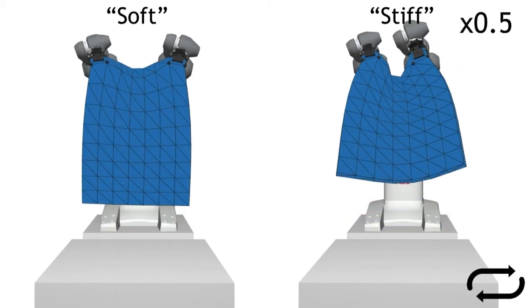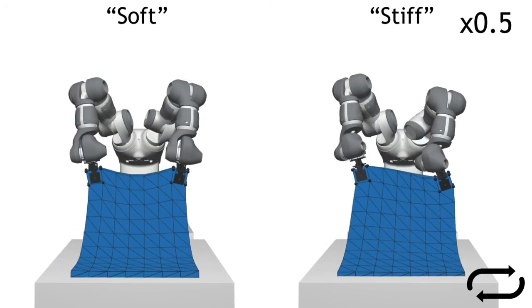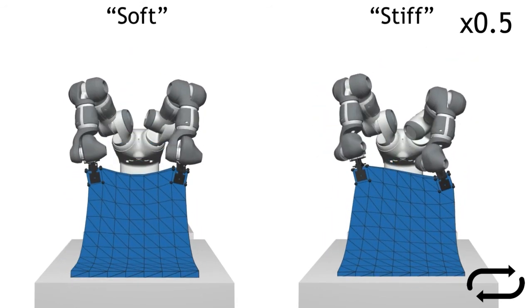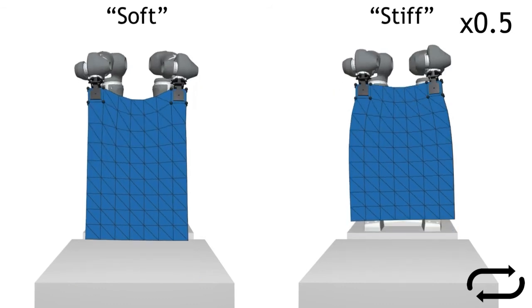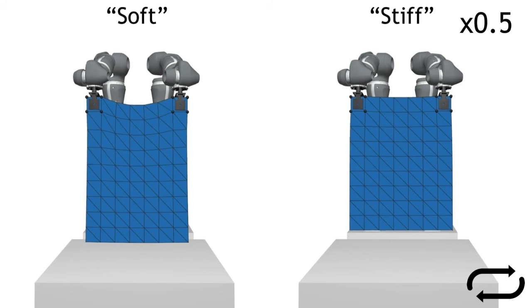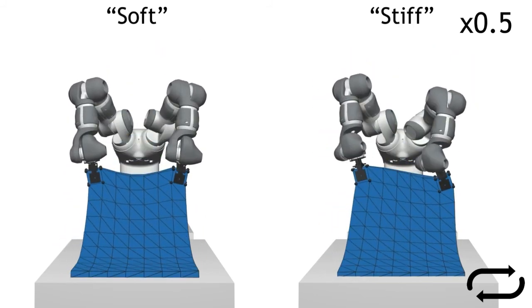Using different model parameters that, for example, lead to softer or stiffer meshes, not only influence the simulation, but naturally also result in different control strategies for the same overall goal. Therefore, the success of sim-to-real transfer hinges on accurate model parameter estimation.